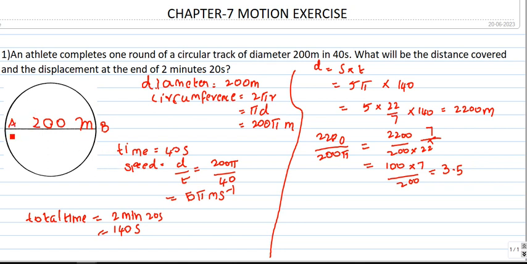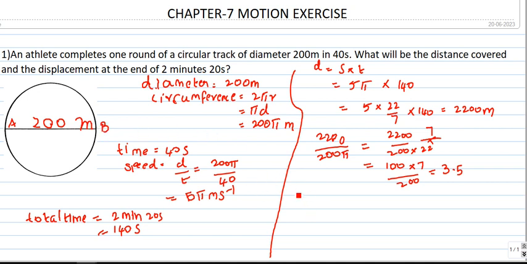Say we assume that the athlete starts from the point A, he goes one circle, this will be 1, again second time and third time he reaches A. When he reaches A again, his displacement will be 0. So we have 3.5, meaning he goes half of the circle. So he reaches this point B. From A he reaches the point B, which is the opposite side of the diameter.